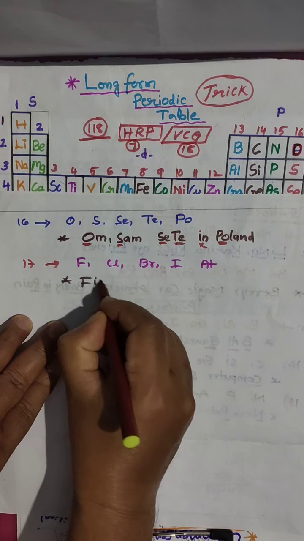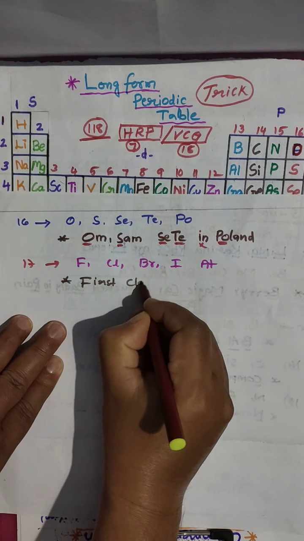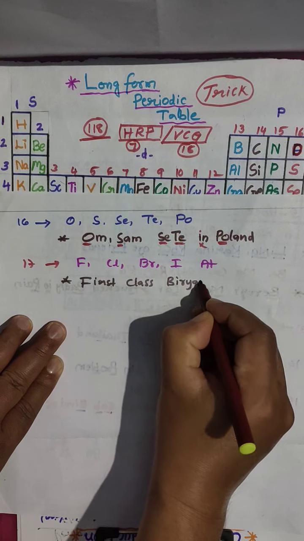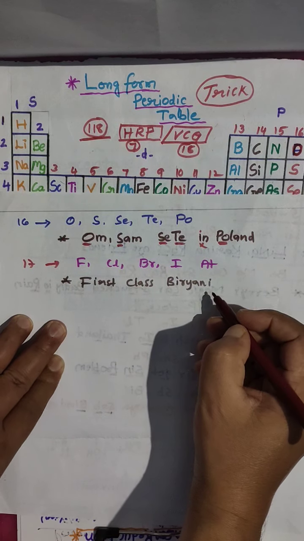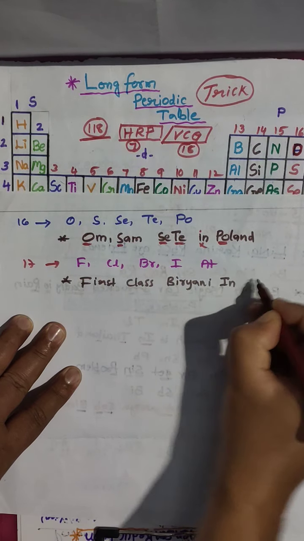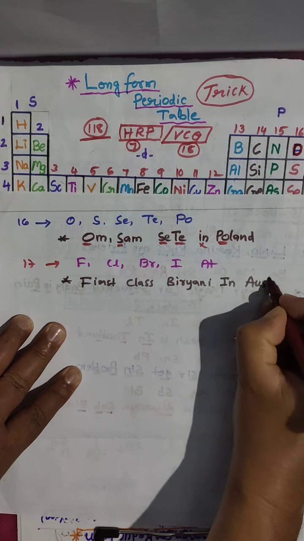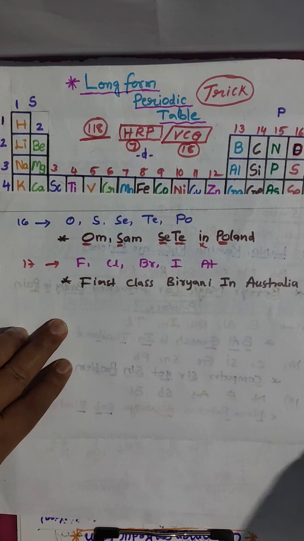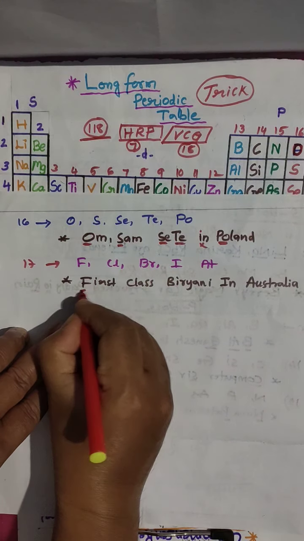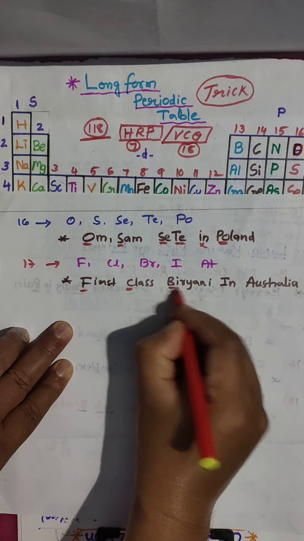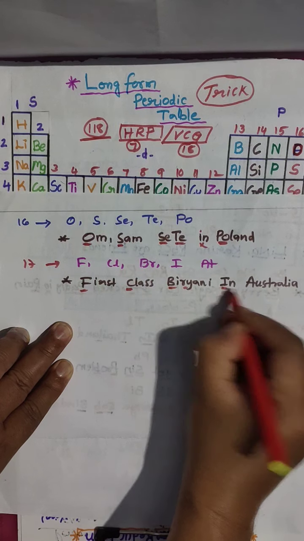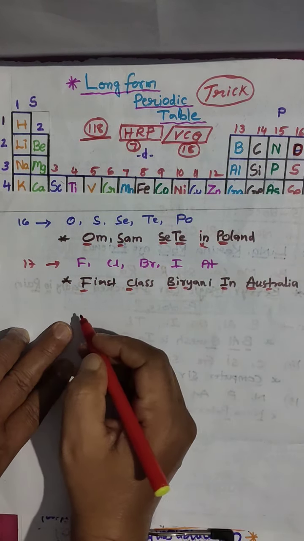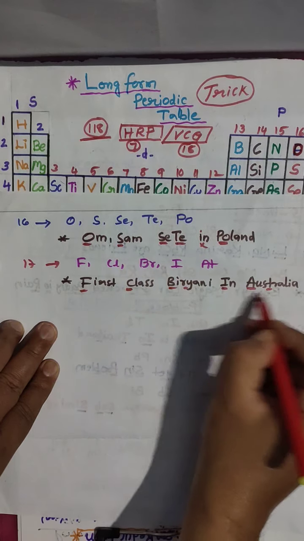First class biryani in Australia. Fluorine, chlorine, Br bromine, iodine and At. Australia. First class biryani in Australia.